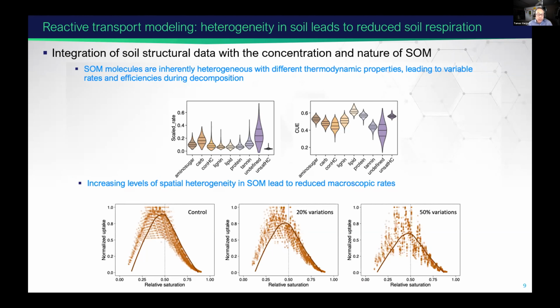And so things like rate and carbon use efficiency can be studied and compared between the different organic groups found and the different soils, and see how the spatial heterogeneity in the soil affects the microscopic carbon respiration rate.